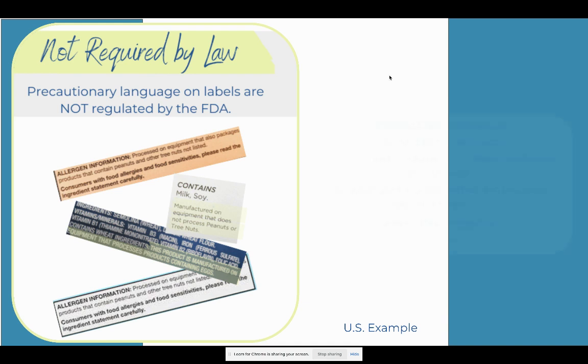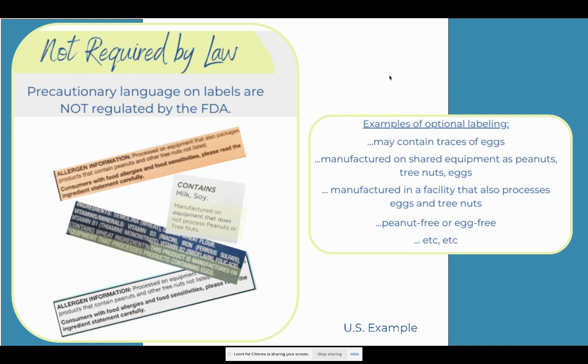I would say the more common examples may include contains traces of eggs, manufactured on shared equipment such as, and then listing the food allergens, manufactured in a facility that also processes, or it may be a marketing tactic to say peanut-free, egg-free, and that's fine, but you might want to not just trust exactly what the box says, because sometimes there is room for error.